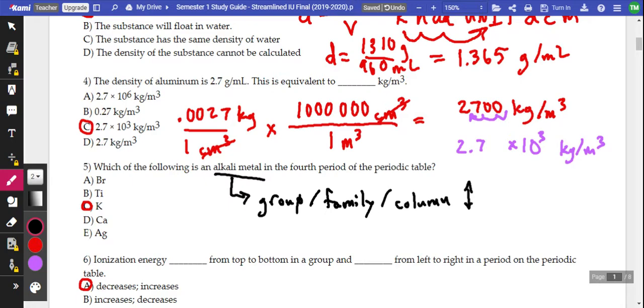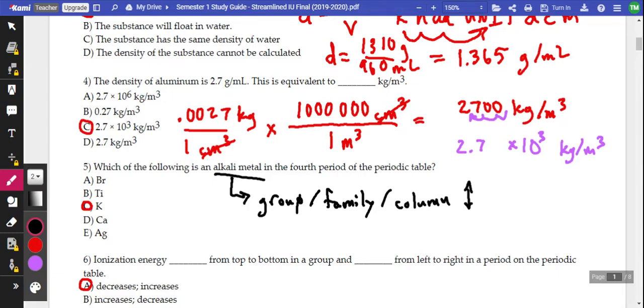Thankfully, a lot of the columns on the periodic table have names that are basically the top element. So like column 13 has boron at the top, so it's called the boron group. The next one is the carbon group, and then the nitrogen group, and then the oxygen group. After that, though, we have some individual unique ones.